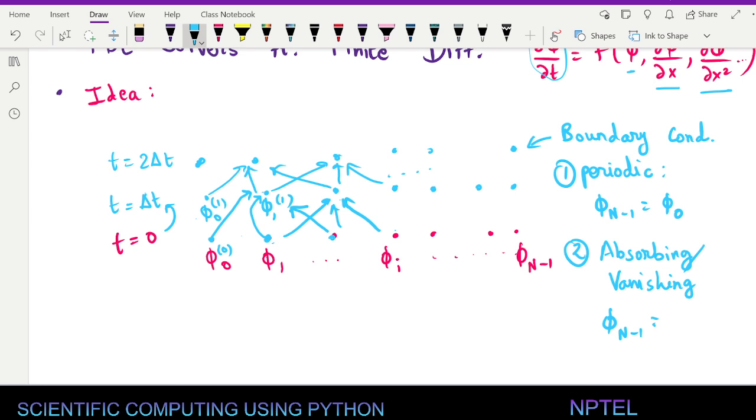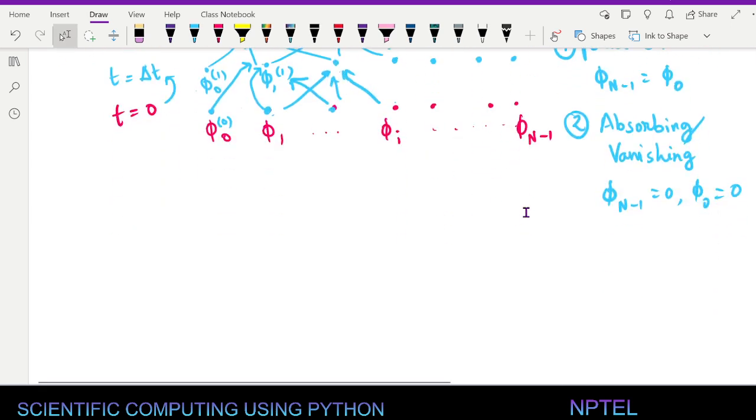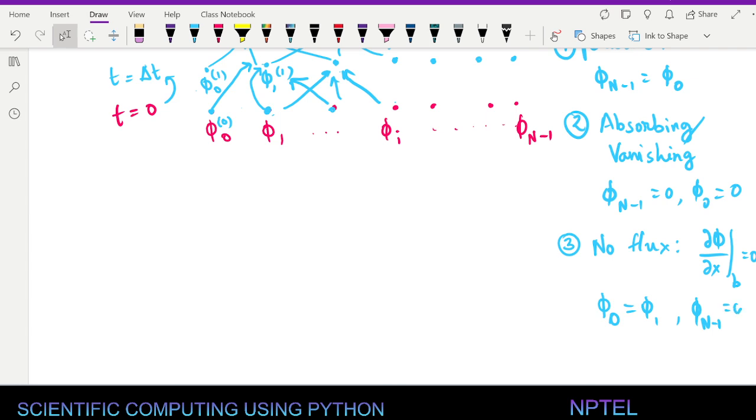Phi n minus 1 is 0, phi 0 is 0, etc. And there is another one, which is no flux, which basically is that del phi by del x at the boundary is equal to 0. So the slope of phi should be 0. In that case, you write phi 0 is equal to phi 1 and phi n minus 1 is equal to phi n minus 2. Okay.